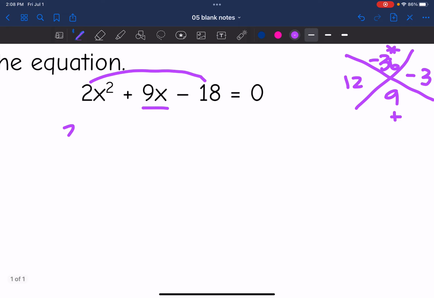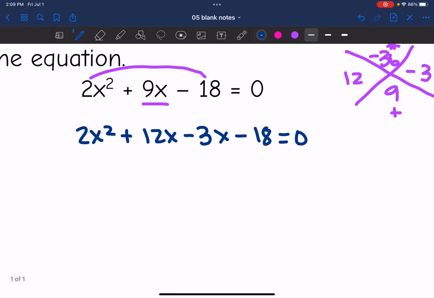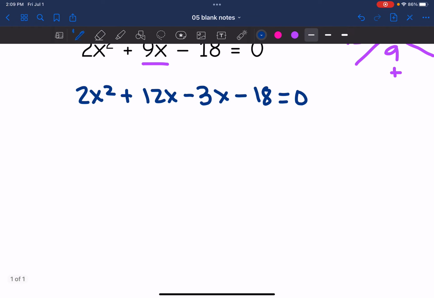So this will be 2x squared plus 12x minus 3x minus 18 equals 0. And now I have four terms, so I can factor by grouping. The GCF of 2x squared plus 12x is 2x, and the GCF of negative 3x minus 18 is negative 3.